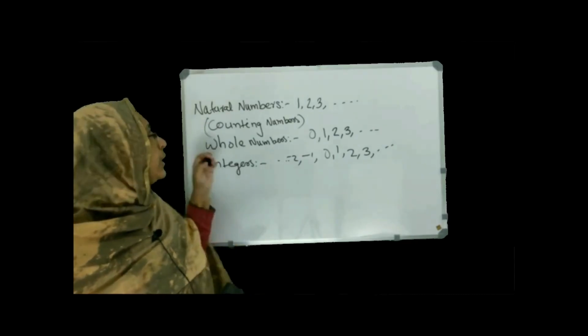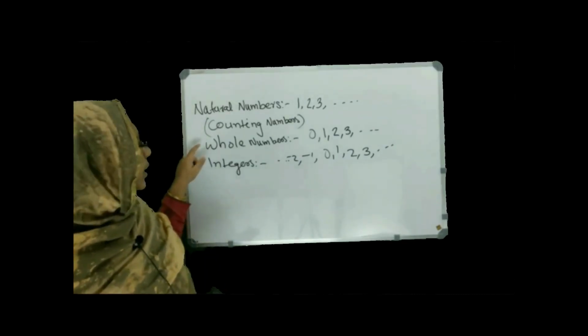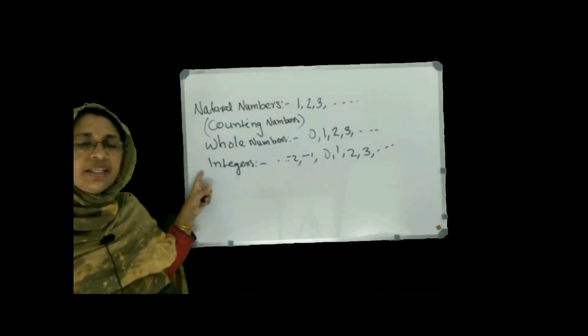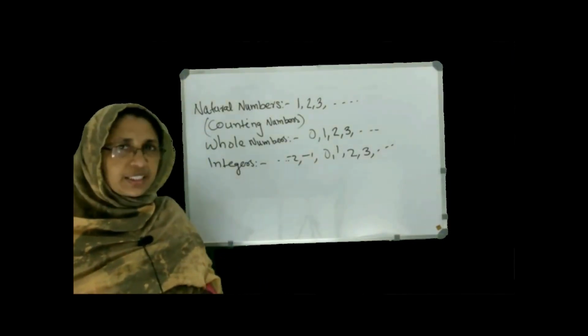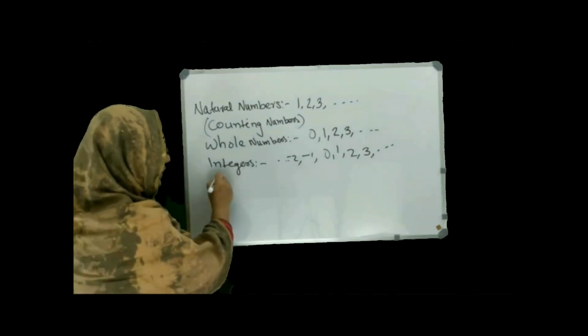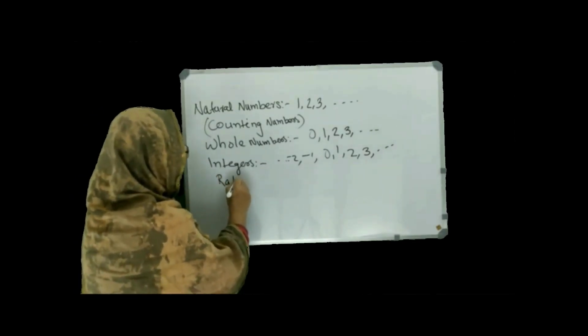Now we have learned natural numbers, whole numbers and integers. What is the next number? Yes, rational numbers.